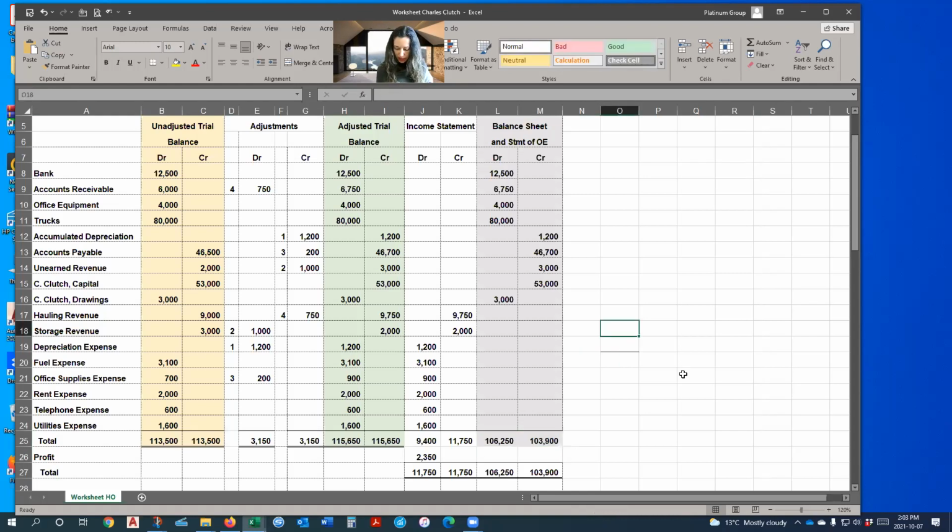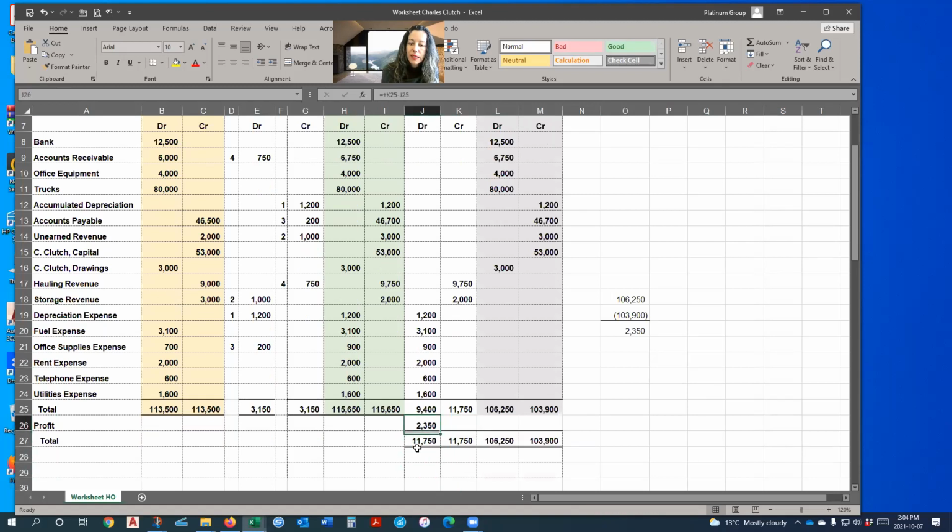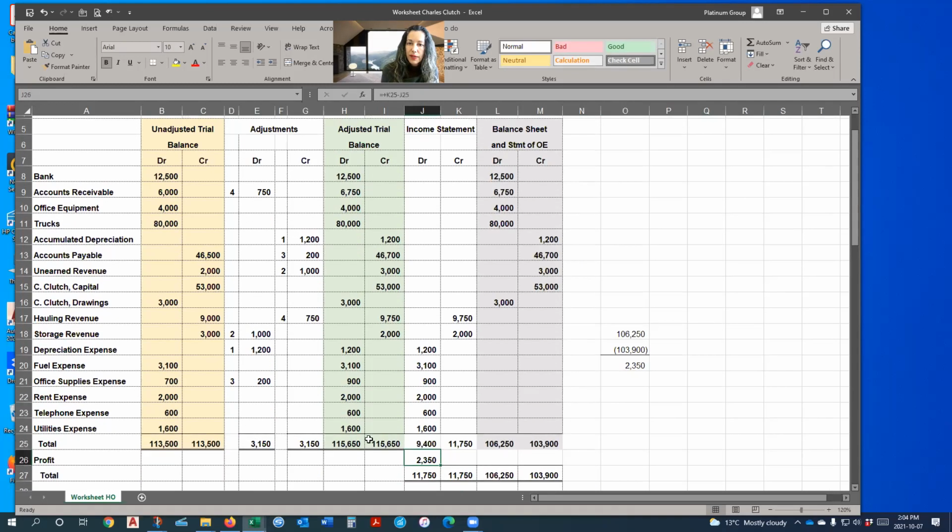If I take 106,000 and I take 103,000, and I subtract it, the difference between the two is that same 2350. We know that number. That number is net income.